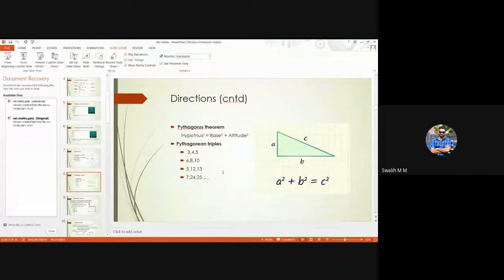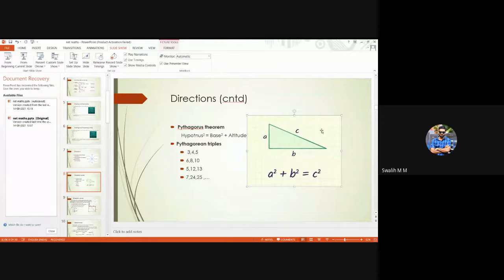But generally, we get these numbers as whole numbers, as Pythagorean triples. There are some numbers that are connected to each other. A, B, C would be 3, 4, 5 in most questions, or 6, 8, 10, 5, 12, 13, 7, 24, 25. If you know this, you can directly solve it. If A and B are given as 3 and 4, you would directly get C as 5 instead of doing all the roots and solving.